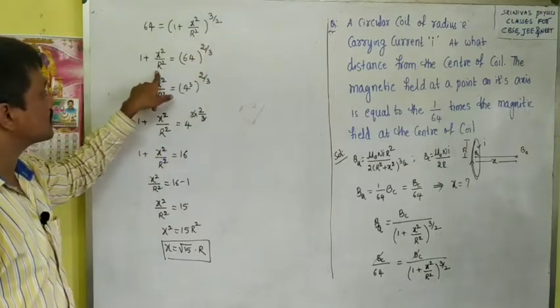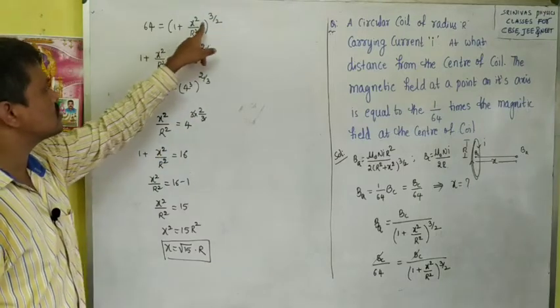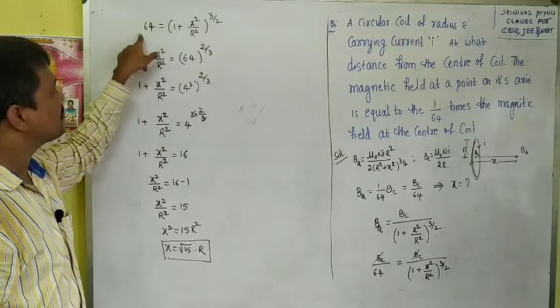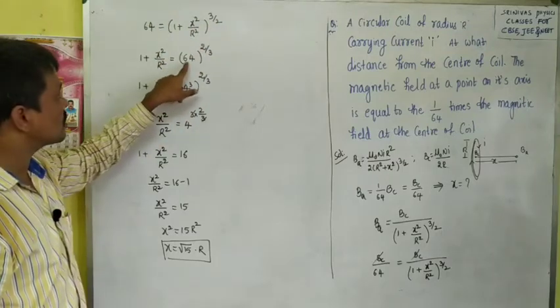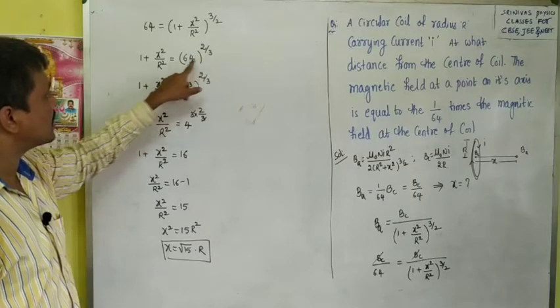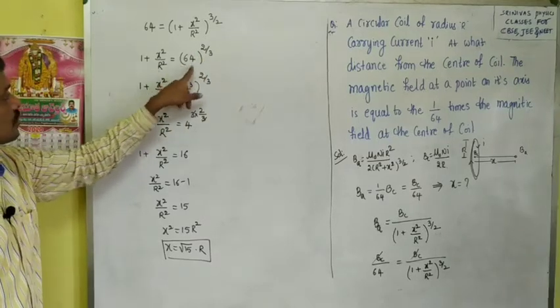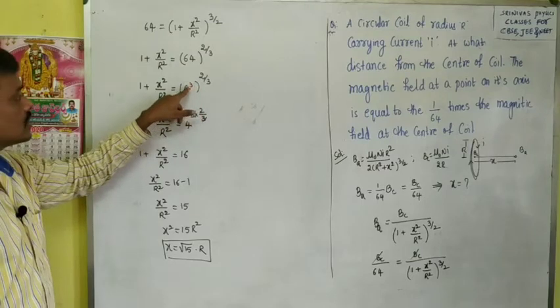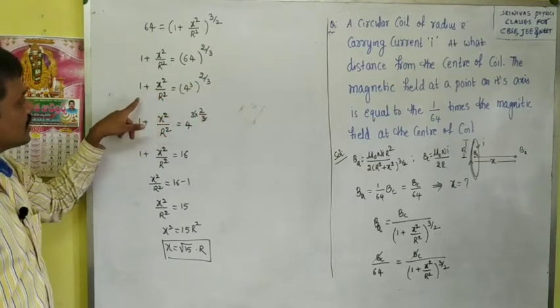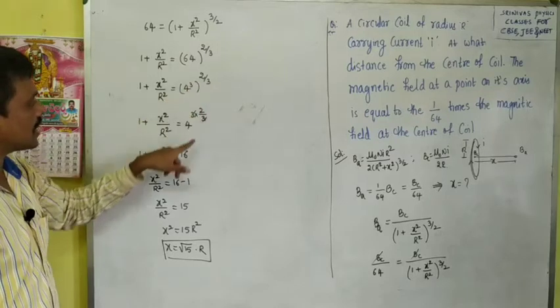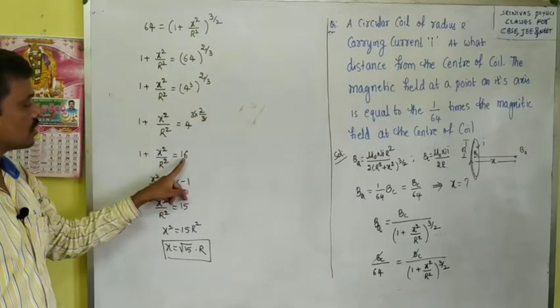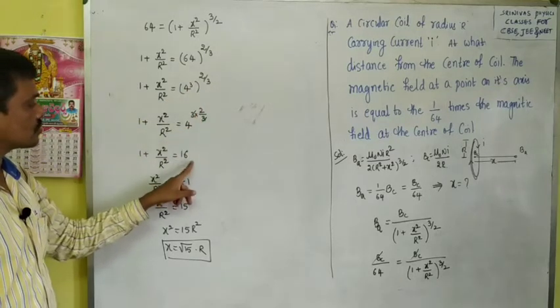You will get 1 plus x square by r square equals 64 whole power 2 by 3. Then I am writing 64 as 4 cube, and the power 3 cancels. Next step: 1 plus x square by r square equals 4 square, and 4 square is 16.